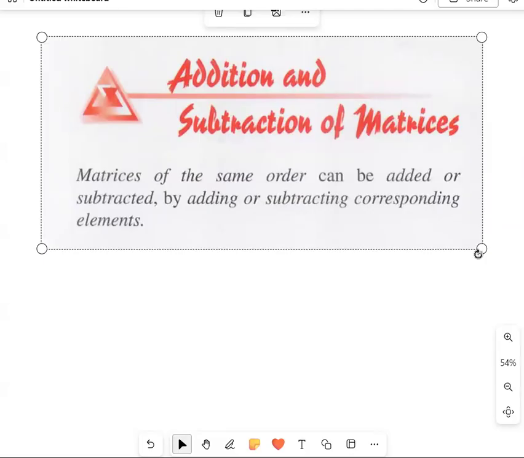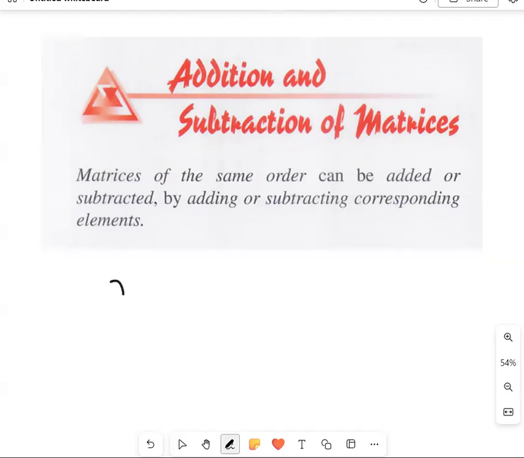So notice that condition. The number of rows in both matrices and the number of columns in both matrices must be the same, right?